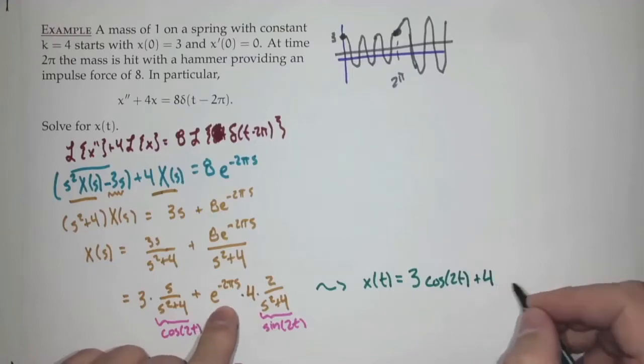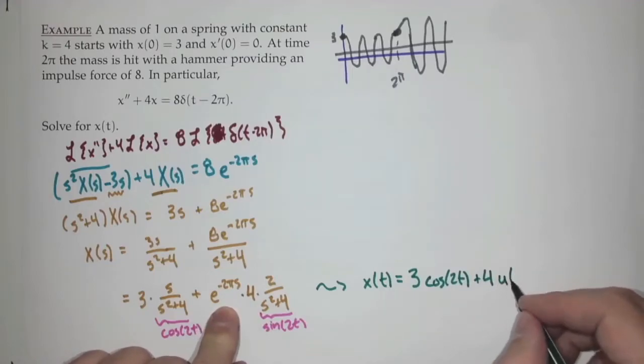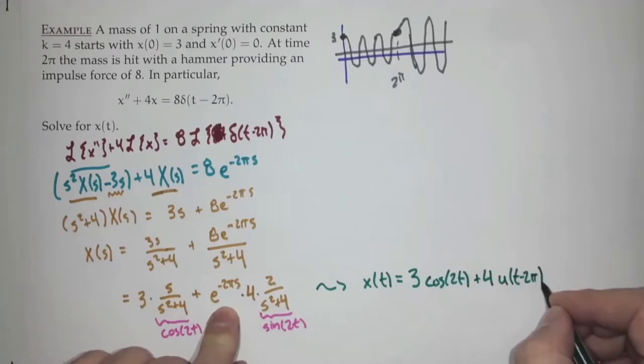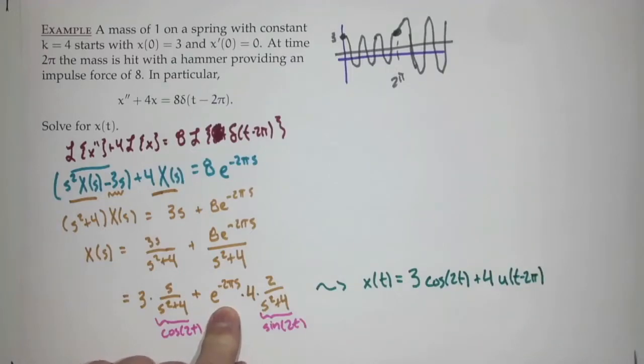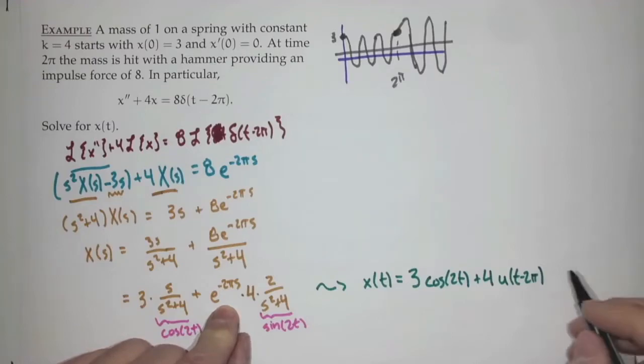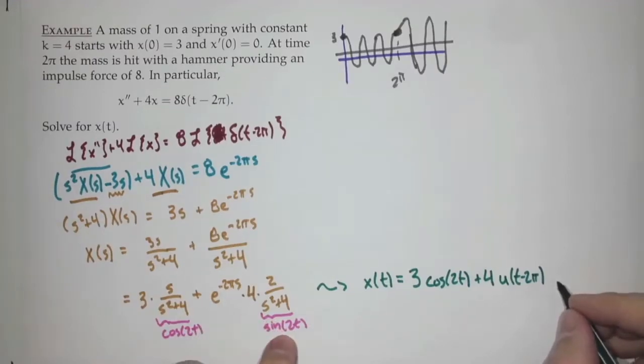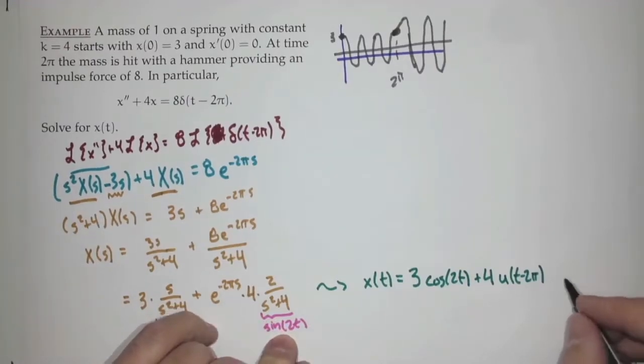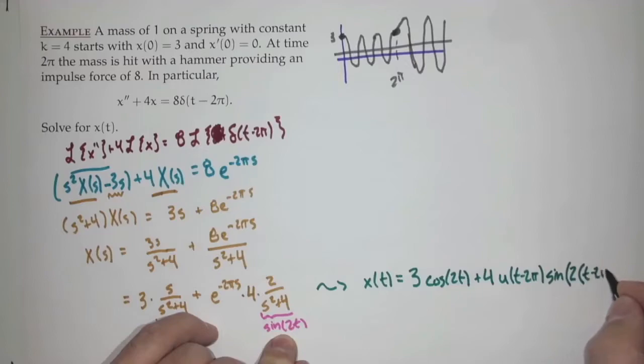Because we have the e to the minus 2 pi s, we know that there's the u of t minus 2 pi. Something happened at 2 pi. And what happens at 2 pi? The sine of 2t switches on. So it's sine, but it's not sine of 2t, it's 2t minus 2 pi.